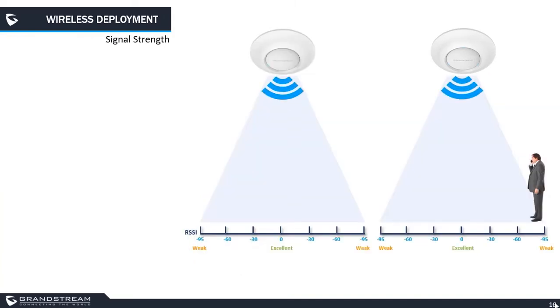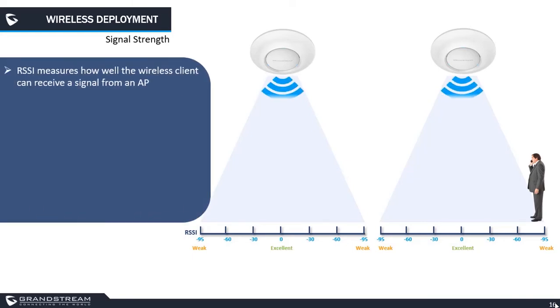So one element that is used to measure the wireless signal strength is called the RSSI. RSSI basically stands for Received Signal Strength Indicator. It measures how well the wireless device can hear a signal from an access point or wireless router.